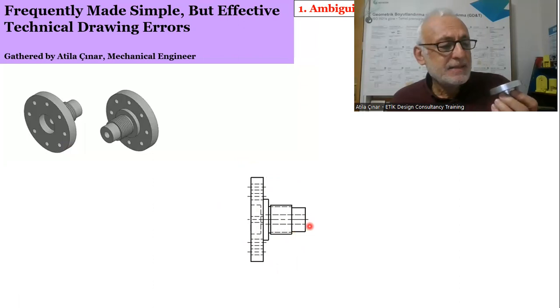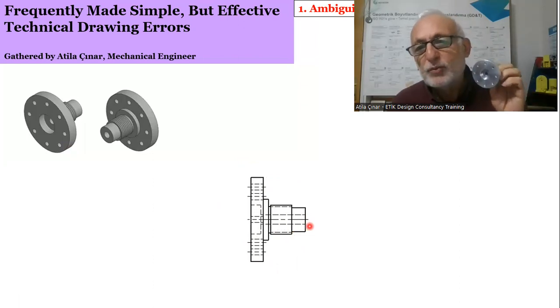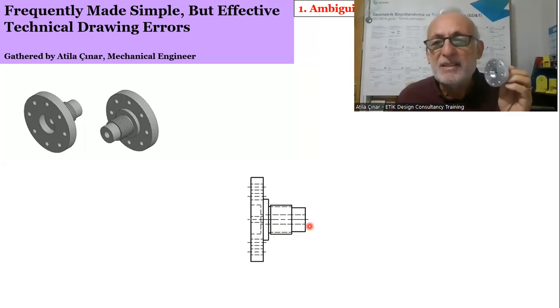Since this part has many features, there will be more than one dimension: lengths, diameters, depths. This means a lot of lines, a lot of figures.